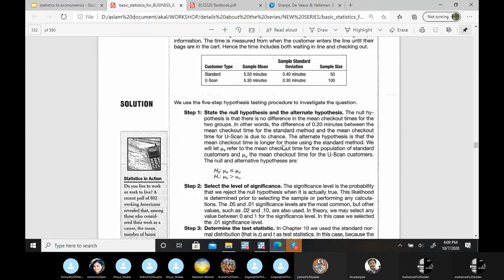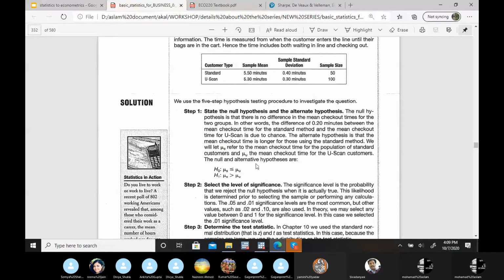So this information you have to use in this particular case. This is your alternate hypothesis, and this is your null hypothesis. So this is again a one tail case, and this is a case of two samples.